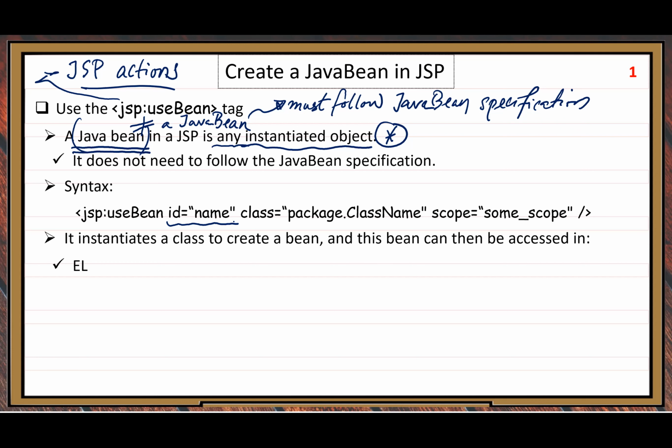This is a new technology we will learn in the next module. In Module 4, I will talk about this technology. So what is EL? That is the short name for Expression Language, JSP Expression Language.